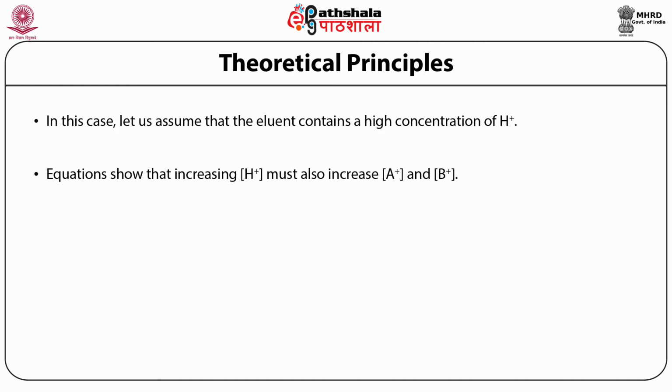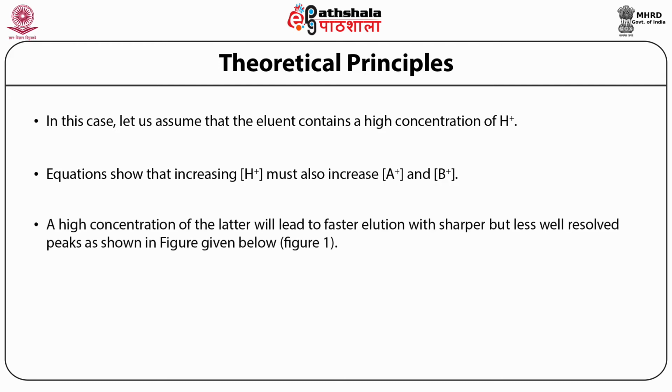In other words, we can change the distribution ratios for A plus and B plus, and thus the elution volume, manifold by altering the concentration of eluting ions. A high concentration of the latter will lead to faster elution with sharper but less well-resolved peaks, as shown in figure 1.